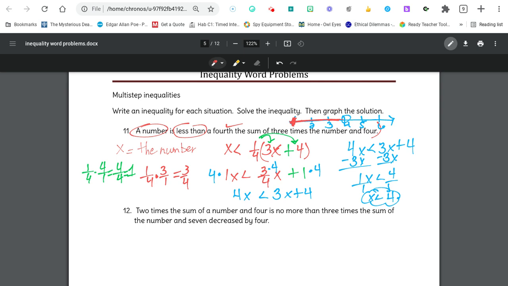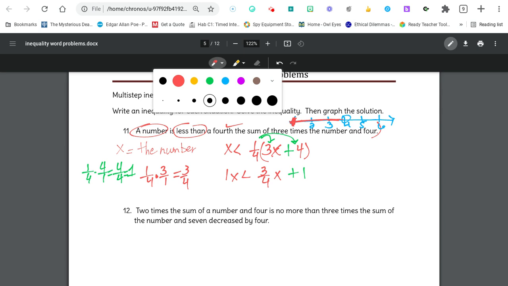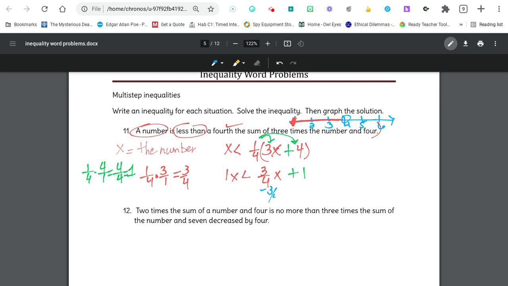All right, I'm going to show you how to work this without getting rid of the fraction. So I'm going to go back to this part right here. Some of you might want to know that. So I'm going to get rid of 3/4 x. I'm just going to subtract 3/4 x from both sides. I don't have enough room, so I'm going right here, okay?